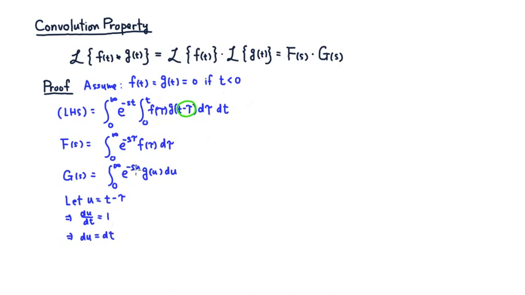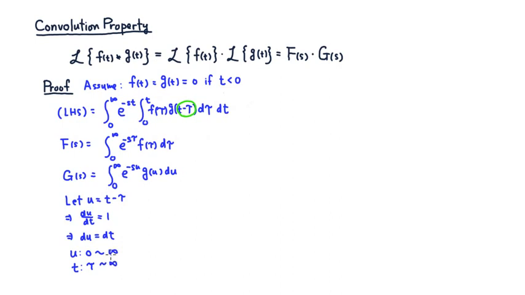And also we have to do the lower limit and the upper limit. So the original variable u goes from 0 to infinity. Then if you look at t, if u is 0, t is going to be tau. If u is infinity, then t is going to be infinity too.